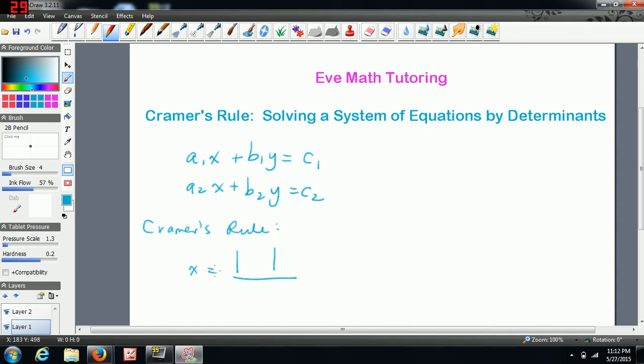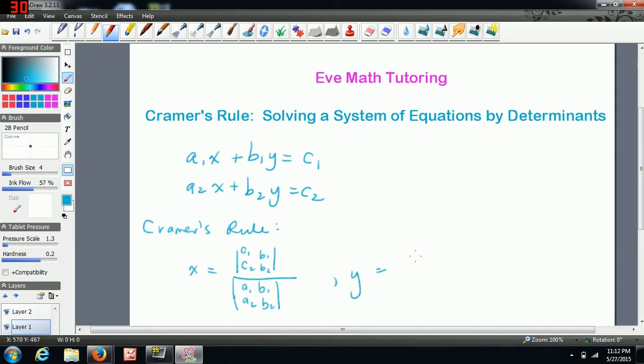So Cramer's rule would state x equals the determinant of C1, C2, B1, B2 over the determinant of A1, A2, and B1, B2.